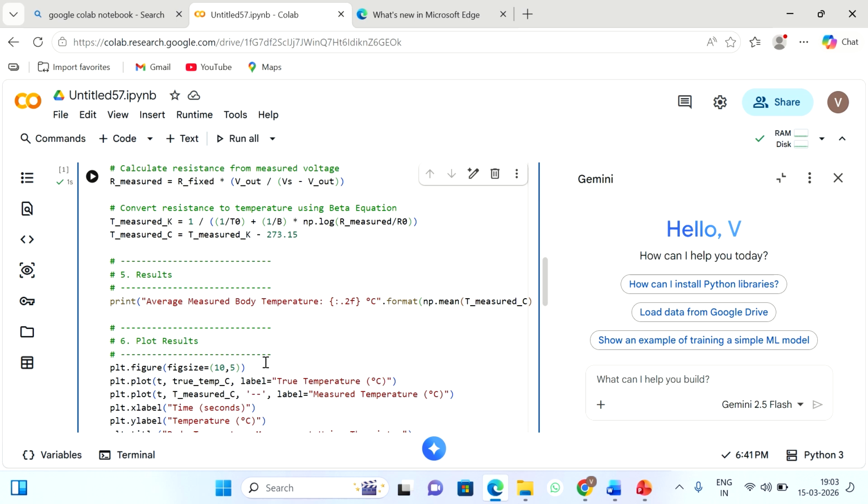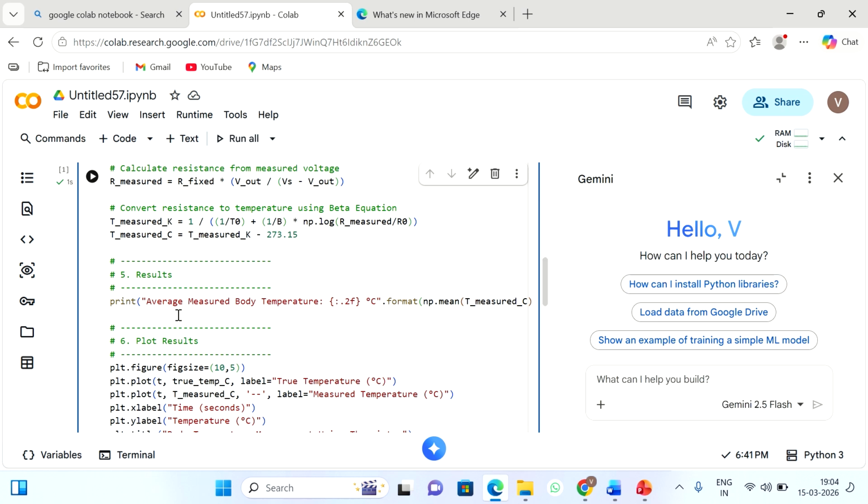So in the display of final temperature, we will print the average measured body temperature. It is .2f, then degree C, .format np.mean of T_measured_C.